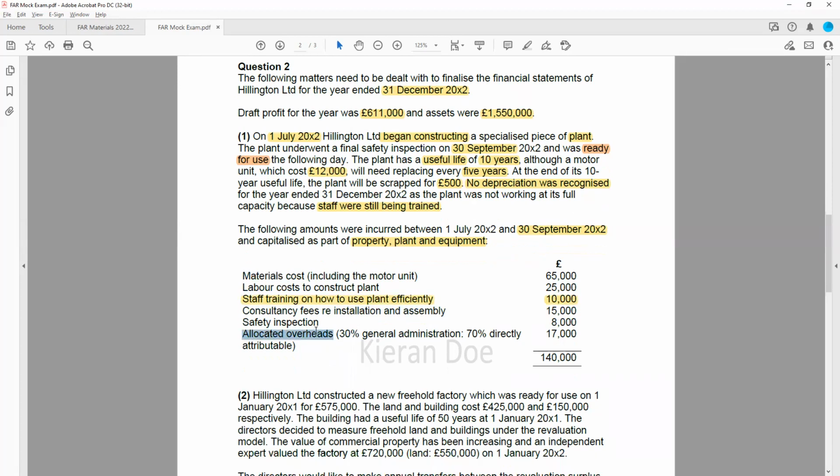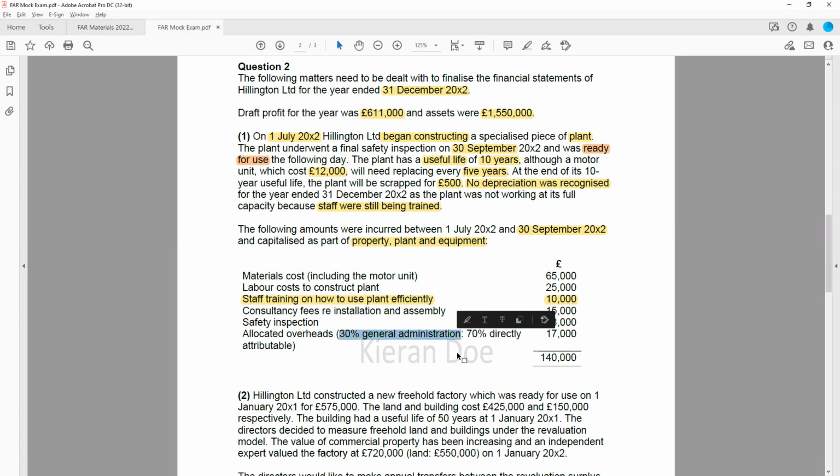And then we've got allocated overhead. The term overhead sounds as though that isn't going to be directly attributable, but we're told here that 30% is general admin. So you've got general admin staff working in the business, and some of their costs have been allocated to perhaps each asset. But that isn't directly attributable to bringing the asset into use.